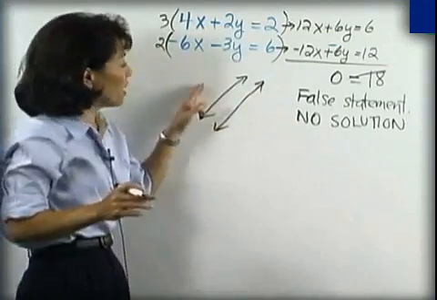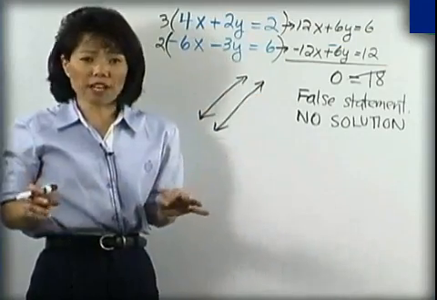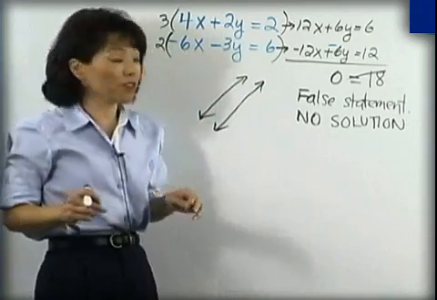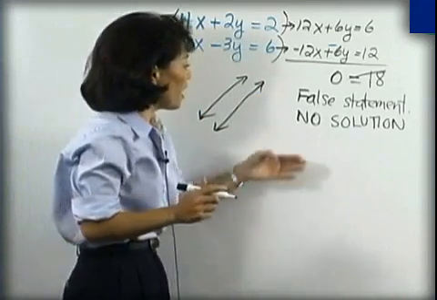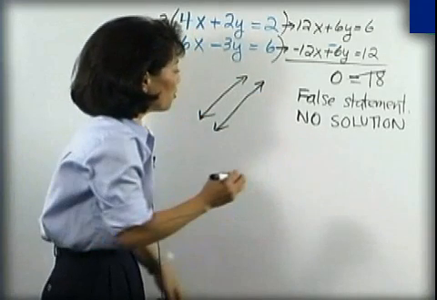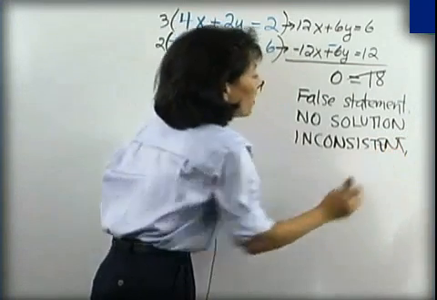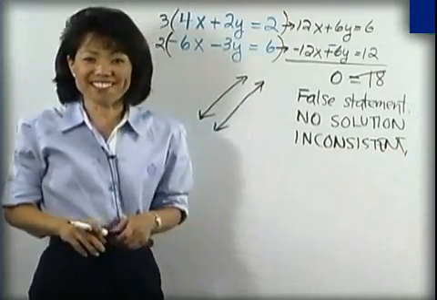The lines are parallel to each other having no point of intersection, meaning there is no ordered pair that will make both those equations true. Since there's no solution, I call my system inconsistent. And that means the same as having no solution.